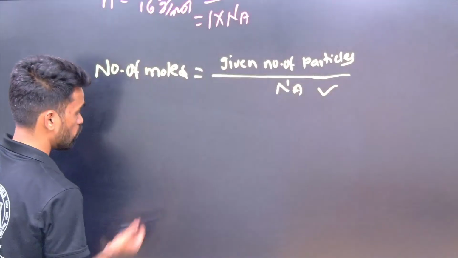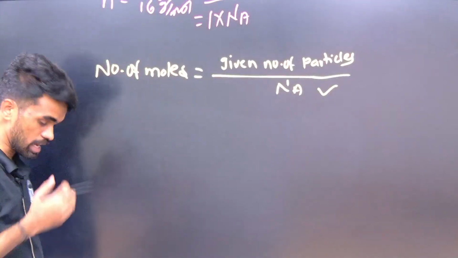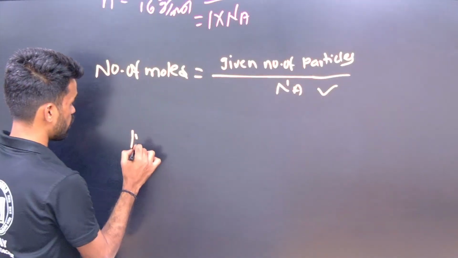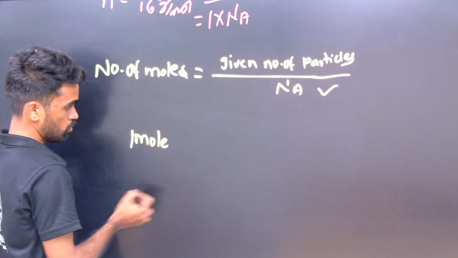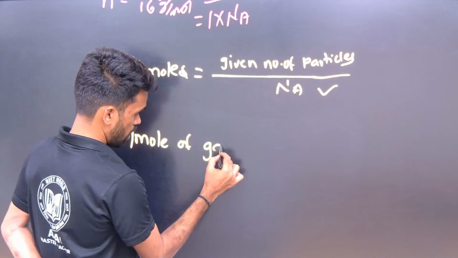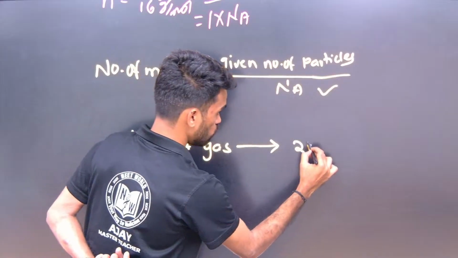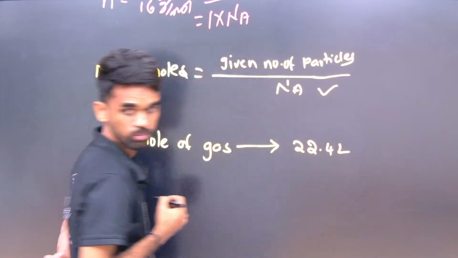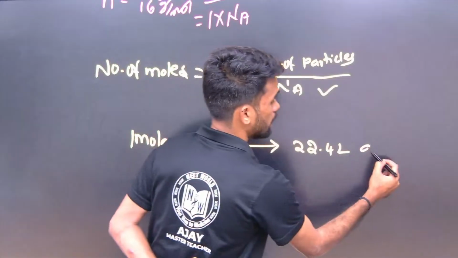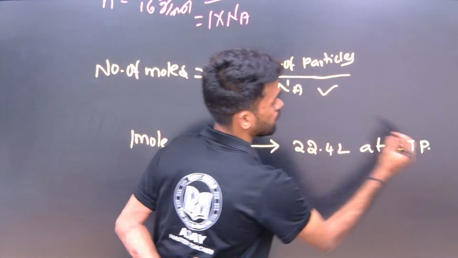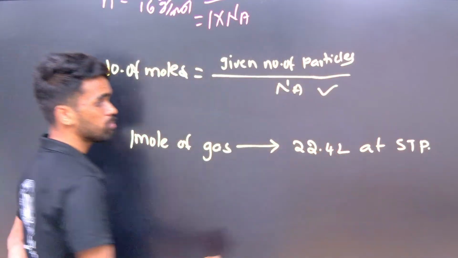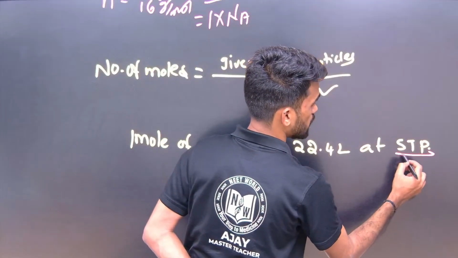See, if you consider any gas, 1 mole of any gas occupies 22.4 liters of volume. This is at STP condition. STP means standard temperature and pressure.